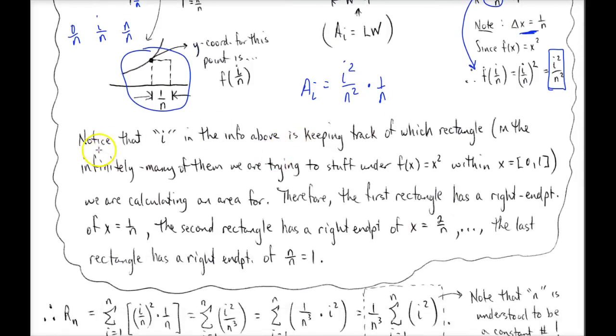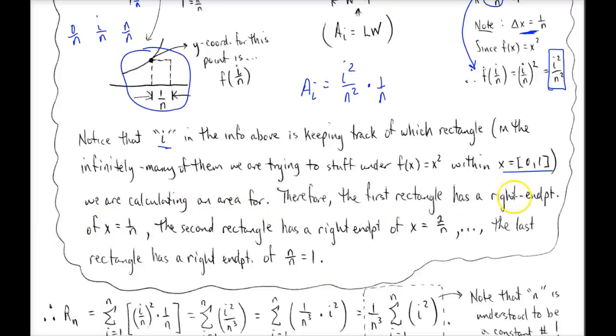Now I'll make my commentary here. Notice that I, in the information above, is keeping track of which rectangle, of the infinitely many of them we are trying to stuff under f of x equals x squared within this closed interval, we are calculating an area for.